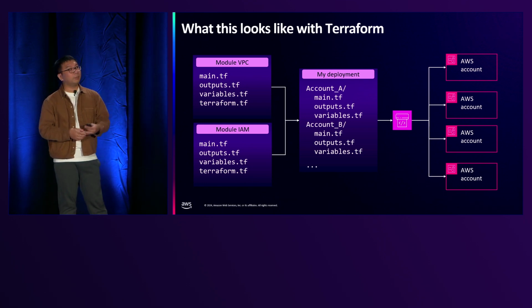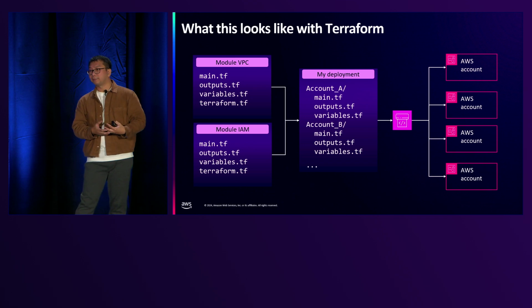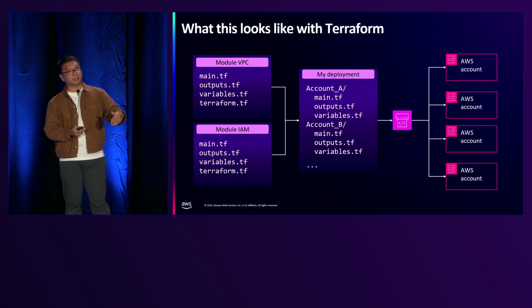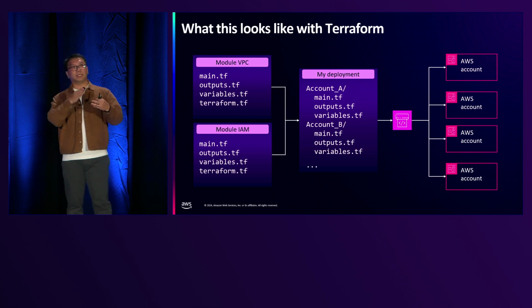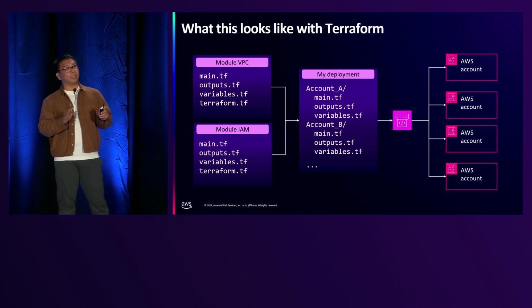A couple of things here are key to the challenge for this group. Stage management: you have to deal with that as part of the orchestration itself. And the second part is the actual workflow, navigating through the directories, ensuring the right account has the right variables, etc.